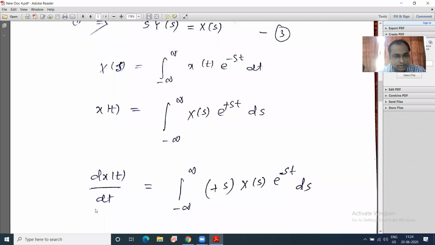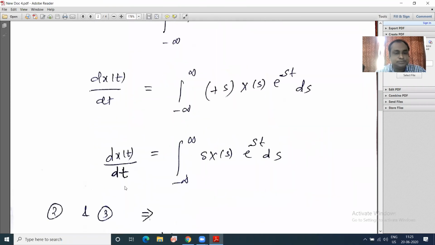So x(s) is the Laplace transform of x(t), and s times x(s) is the Laplace transform of dx(t)/dt.